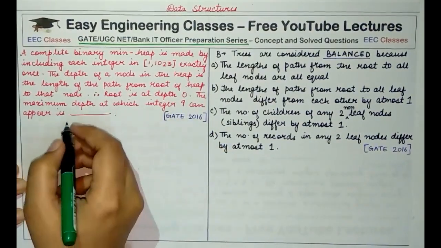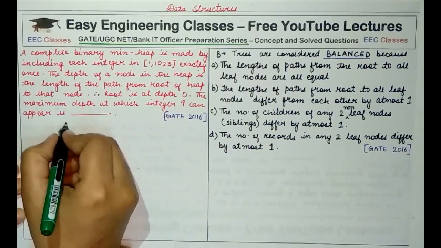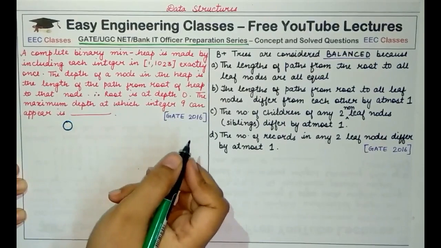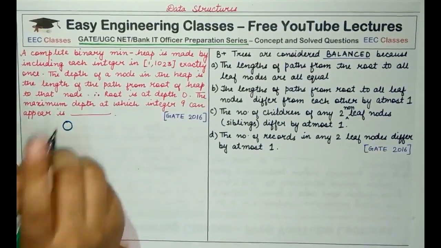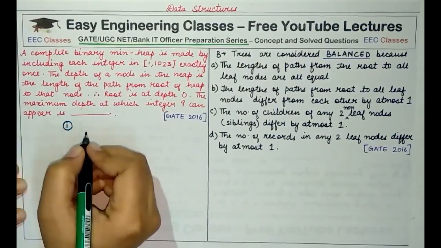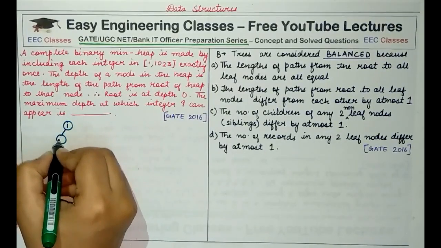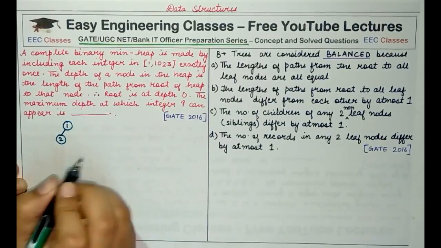Since it's a binary min heap, we start with the minimum value, which is 1. Then to place 2, there are two options: right child of 1 or left child of 1.